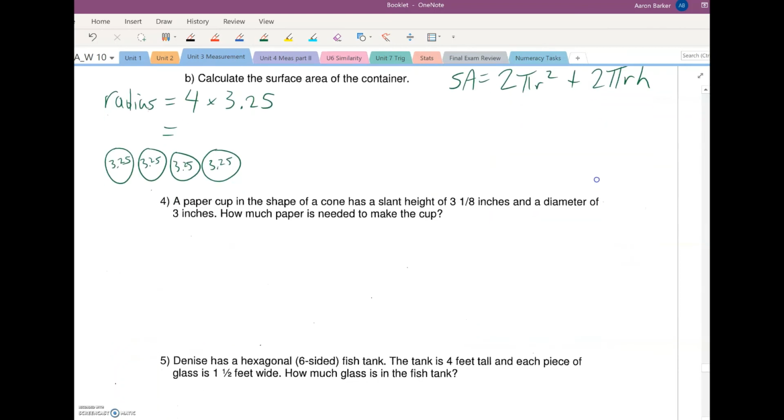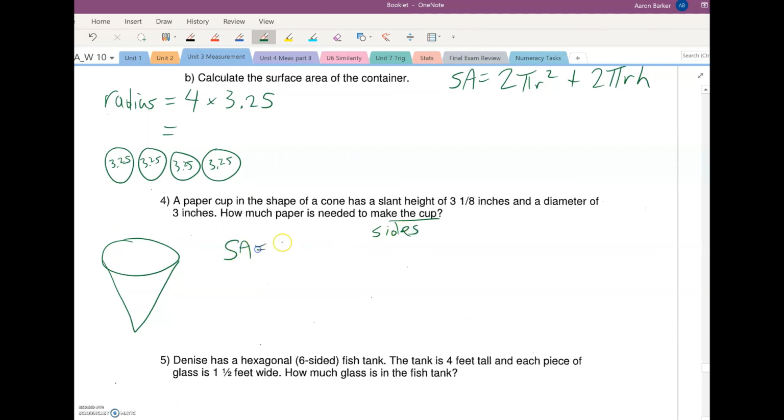Okay, next, a paper cup. So a cup is going to be a cone. All right, so you got a cone. Now the trick is, it's how much paper you need to make the cup, so that's just the side. So if you have surface area equals pi rs plus pi r squared, there is no top.